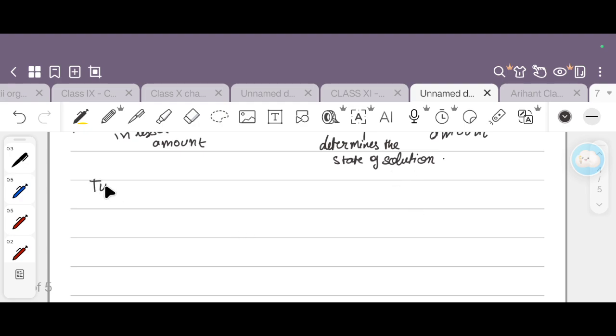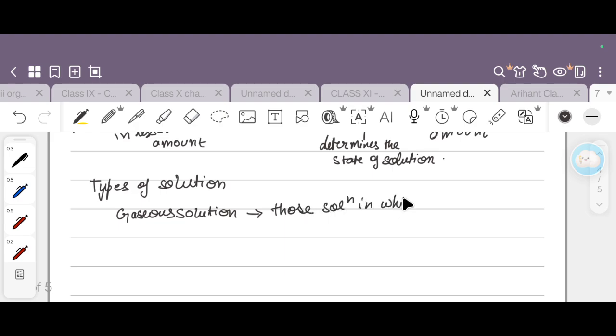So let's have a quick recap on types of solutions, starting with the gaseous solution. Gaseous solutions are those solutions in which the solvent is gas.